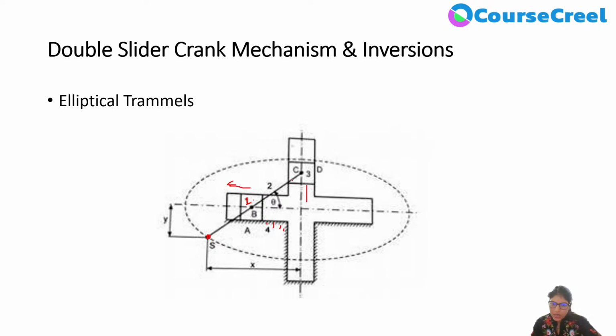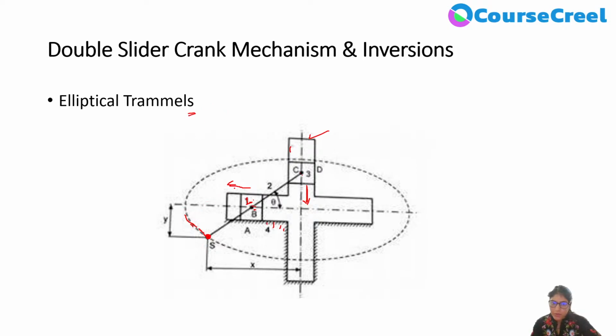This slider which is connected with the one link is moving in this direction, and the motion of these two sliders provides rotation to this particular link which is connecting sliders 1 and 2. So this link will move according to the motion of the sliders inside this particular slotted bar, right? So this is the concept of elliptical trammel.